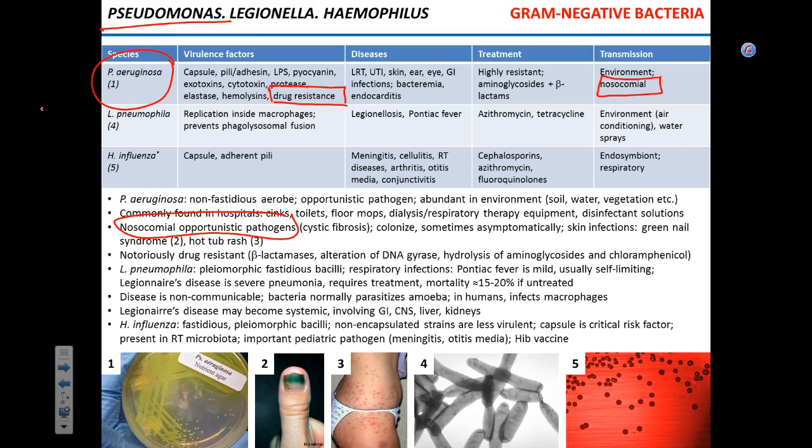Now, we kind of started with a really bad disease, the pneumonia, but Pseudomonas can cause infections in folks without any suppression of the immune system. So they have lovely names. For instance, green nail syndrome. Okay. This one. Or hot tub rash.